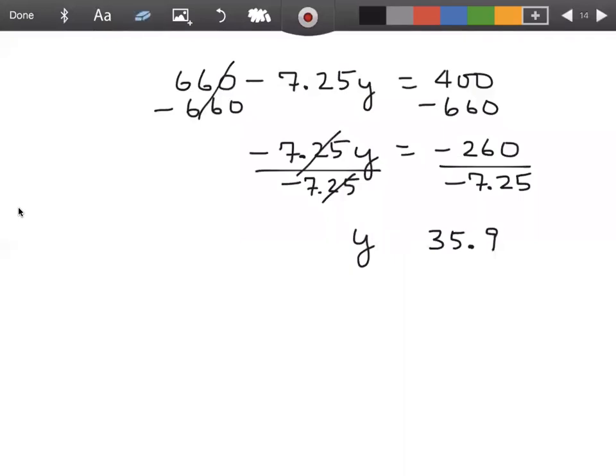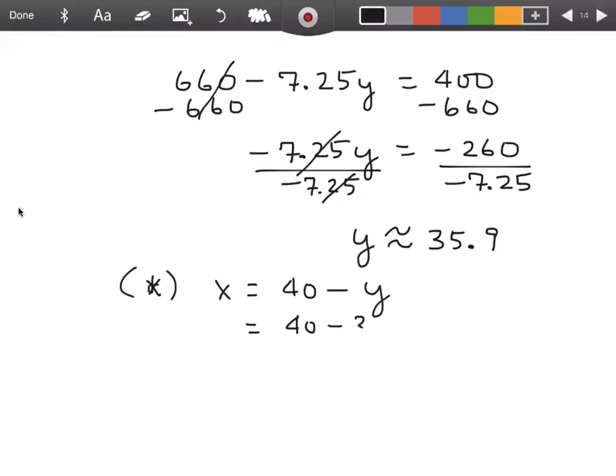Let's do this. Since that was rounded, let's make this a wiggly equal sign. Okay, and then equation star said that x equals 40 minus y. 40 minus 35.9 is 4.1.